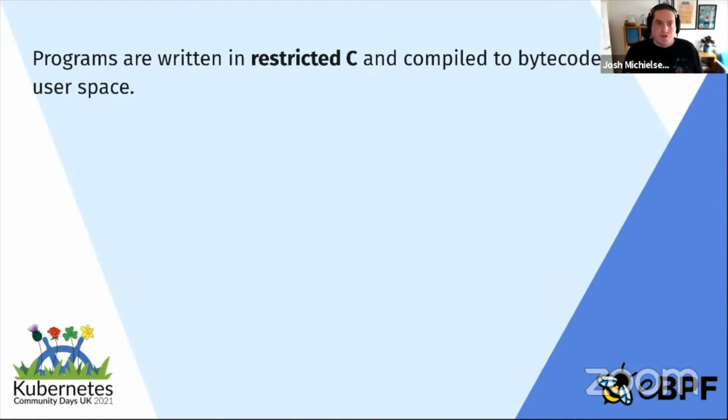We need to ensure some very strict safety of that code. And so things like loops, for example, are out. We can't have loops because we can't hold up the kernel anyway. We can't cause the machine to seize up, to stop working. And so we have to avoid writing our programs in a way that could lead to some sort of unsafe execution.